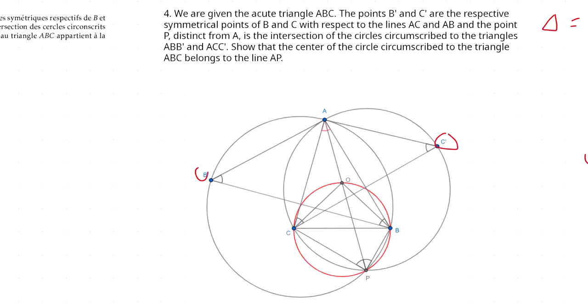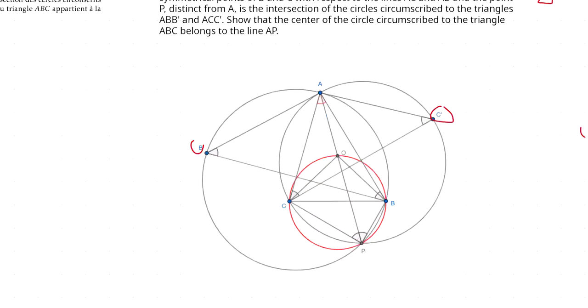If we draw the circumscribed circles of A, B, B prime and A, C, C prime, the two circles intersect each other at A, of course, and at point P.